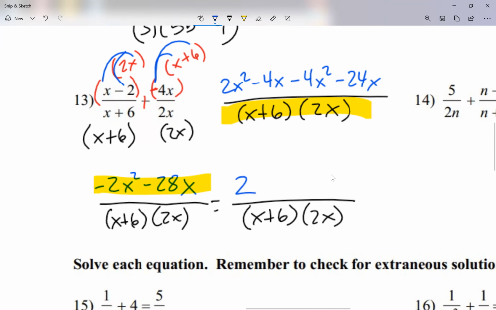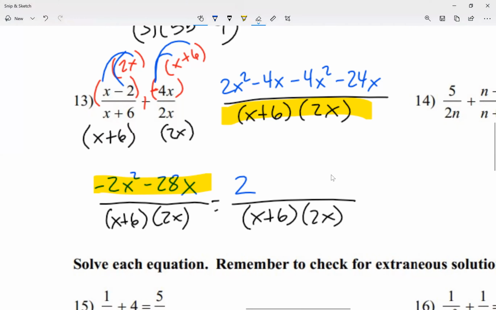I could factor a negative 2, but because I see a positive 2 at the bottom, I'm just going to factor a positive 2. And I can also take an x out of each. So I'm going to factor a 2x.